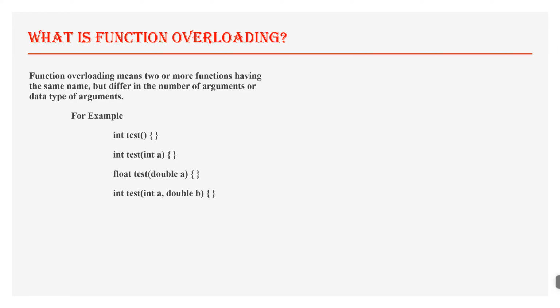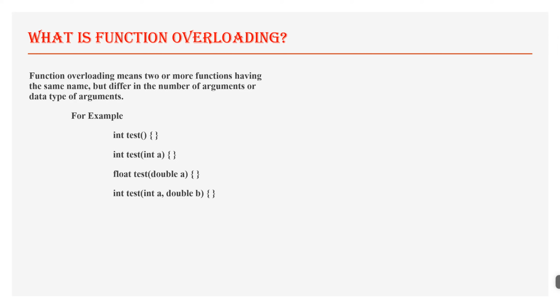Just look here. The example is very clearly mentioned. There is a function called test with no argument. There is the same function called test with one argument of type integer.